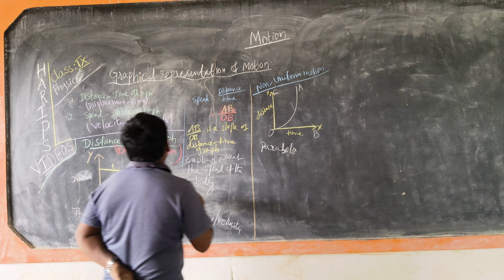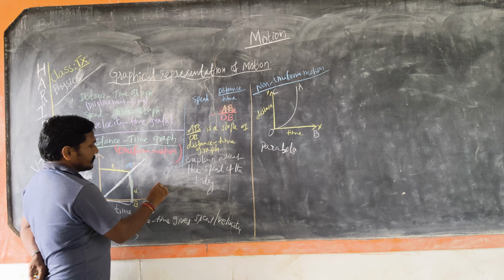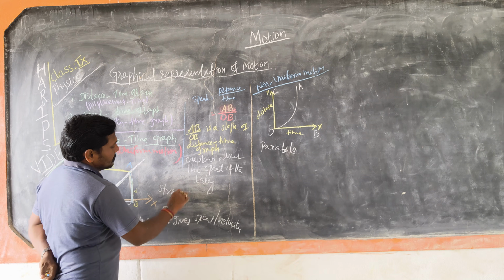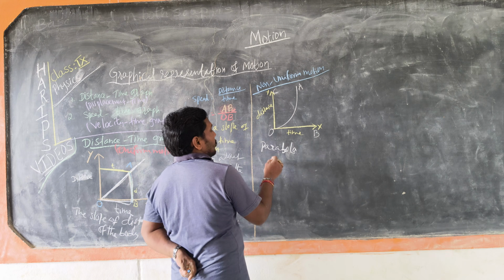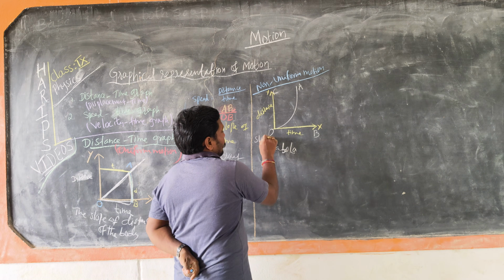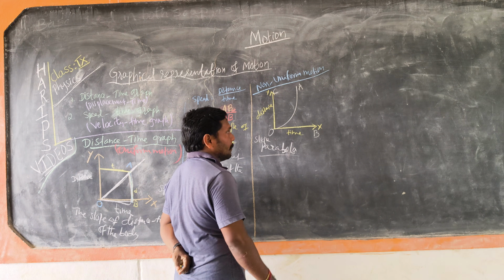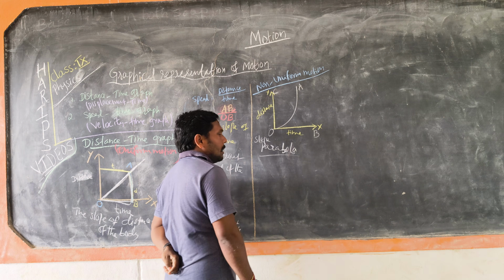In the case of uniform motion, it is a straight line. In the case of non-uniform motion, the graph is a parabola.